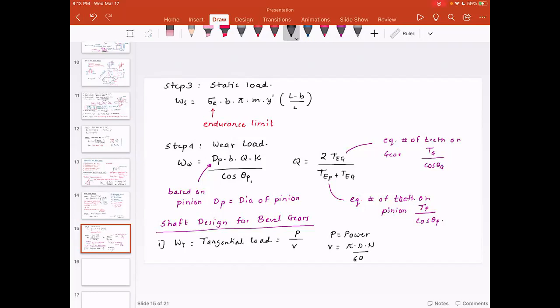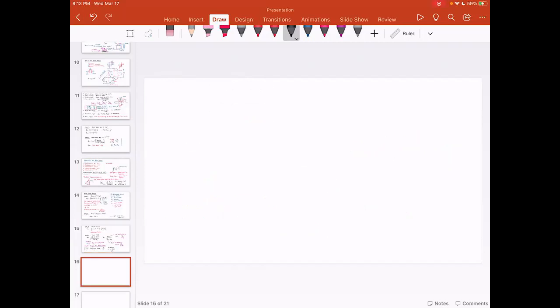Now once we find out the value of WT, we need to find out the axial and radial forces for the pinion. The reason for that is, if you think about the bevel gear, let's consider the bevel gear which is like this. You have a tangential load. A tangential load is going to give you an axial load and a radial load. So this is the front view.